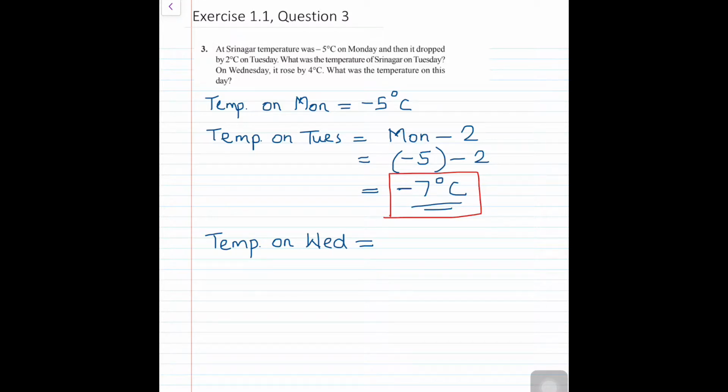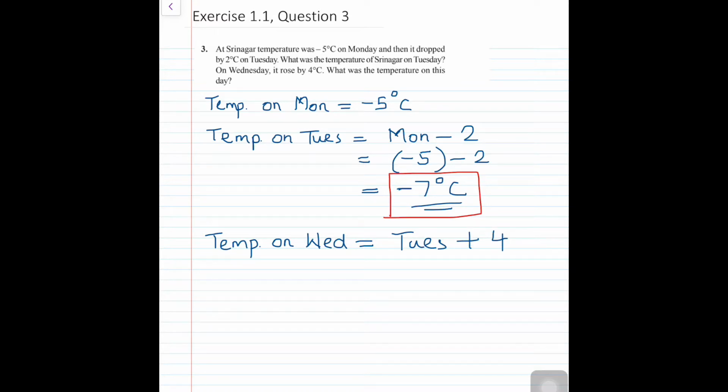And that something is the temperature on Tuesday, not the temperature on Monday. Remember, for the temperature on Wednesday, it is temperature on Tuesday plus 4. So whatever is the temperature on Tuesday plus 4. Why plus 4? Because it rose by 4 degrees Celsius, means increased by 4 degrees Celsius. So you are adding. Okay.